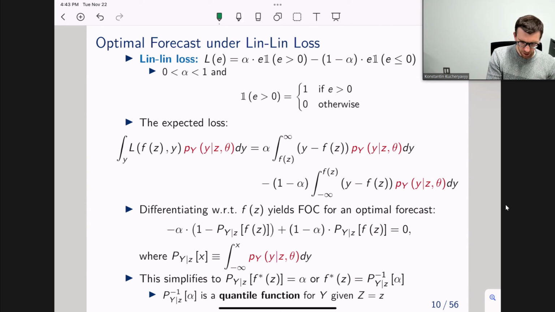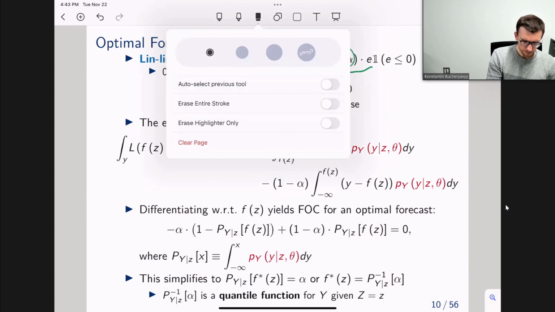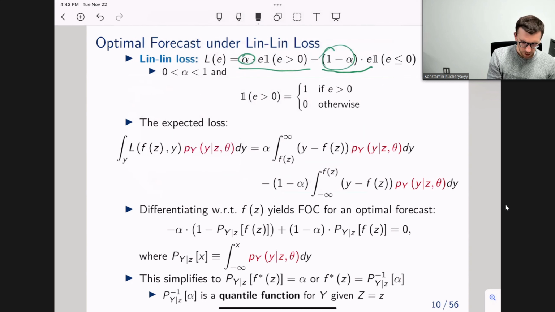We have the sum of the positive error with weight alpha and the negative error with weight 1 minus alpha. And here 1 is the indicator function, and alpha is between 0 and 1, a parameter of our loss function. We just fix it.